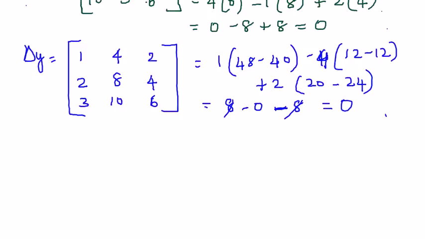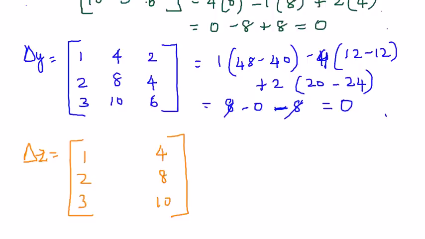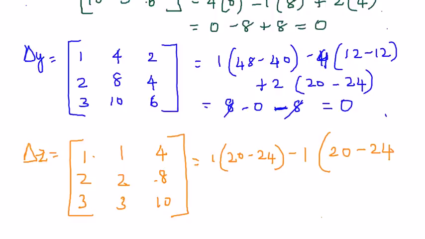To find del z, write the resultant column in the z column, and the remaining will be as it is. X and y will be 1, 2, 3. So this will be 1 into 20 minus 24, minus 1 into 20 minus 24 again, plus 4 into 6 minus 6.